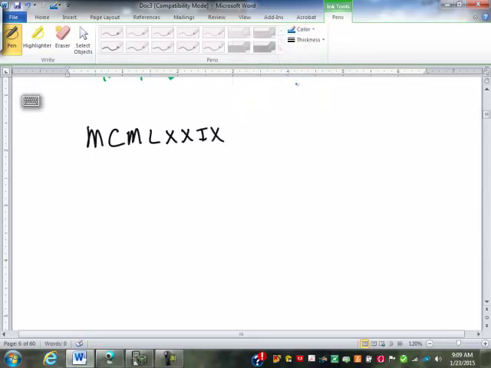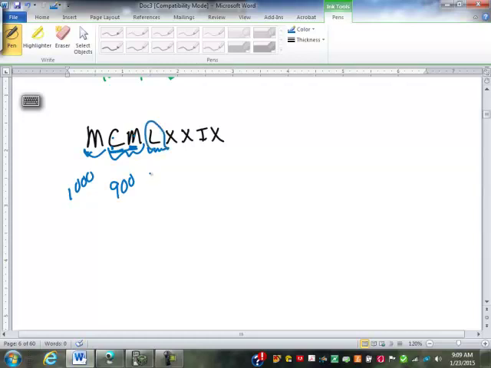So on this one, we start up here. We have an M. Is the symbol after it larger than it? No. So we just read that M, which is 1,000. Now we have the C. Is the symbol after it larger than it is? Yes, it is. So we've got to read the C and the M together. 1,000 minus 100 is 900. Now we have the L. Is the symbol after it larger?